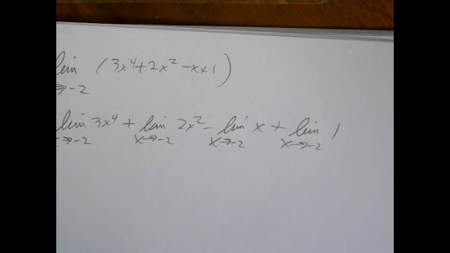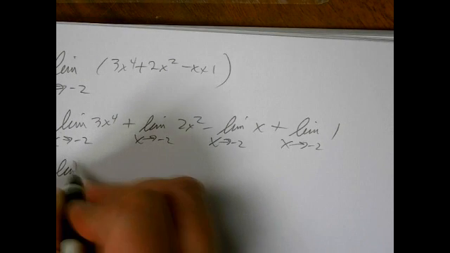All right, so that's the way they want you to do it first. What have I used? What has enabled me to do this? I've so far used rules 1 and 2. Sum of limits is limit of sums, and difference of limits is limit of differences. So I've used 1 and 2 so far.